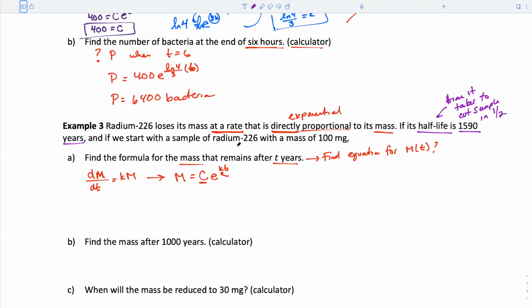And we start with a sample of radium-226 with a mass of 100 grams. So the two pieces of information given are that when t equals 0, our mass is 100 grams. And then this half-life tells us that the mass is 50 grams when t equals 1590, right? So the y value gets cut in half. That's what makes it exponential.